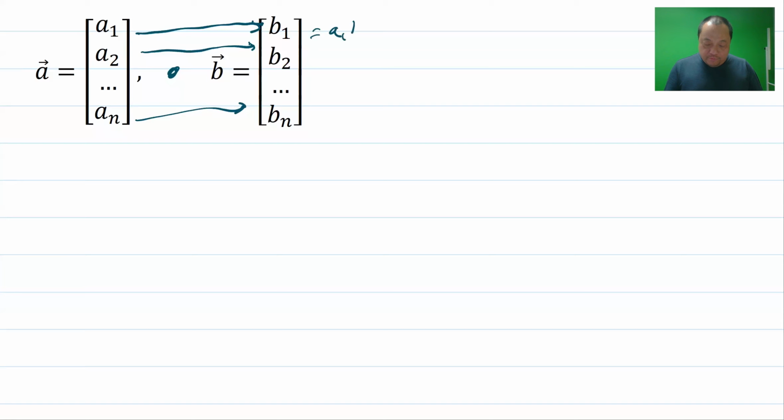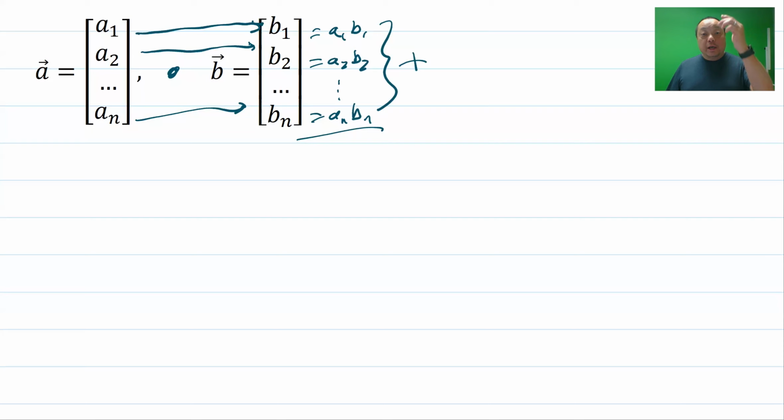And once you have all of those products together, you just add them together. So A1 times B1 is a number, A2 times B2 is a number, all the way down to An times Bn is a number, and you add them all together, you get a numerical answer. You got a scalar.